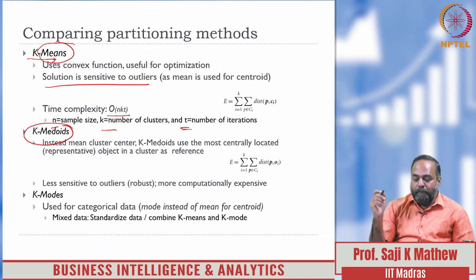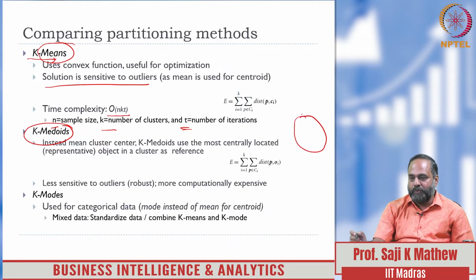In k-medoid, you find not the center value, but the most central object. Suppose there are q objects within a cluster, you find that object which is most centrally located, instead of just going for the centroid which is the average value.